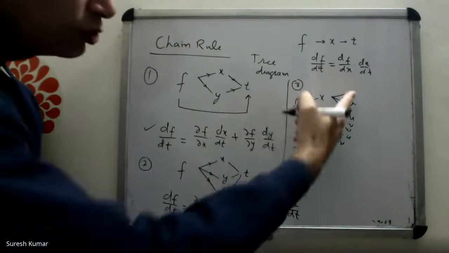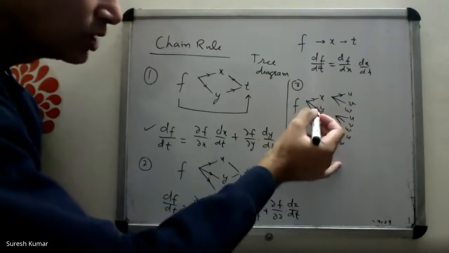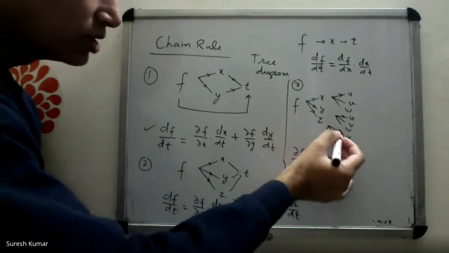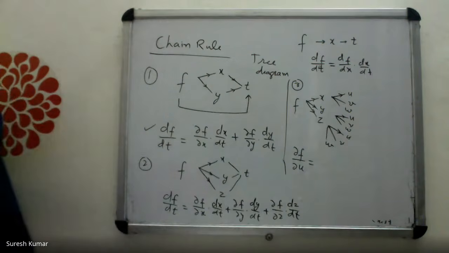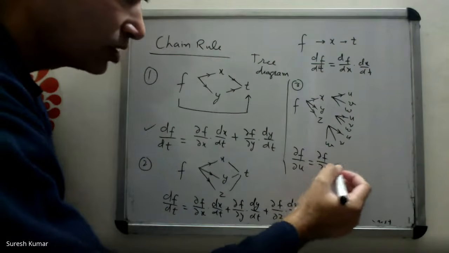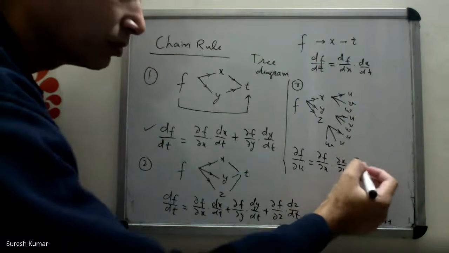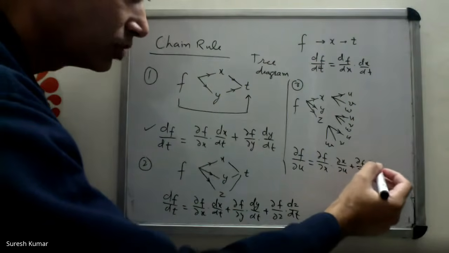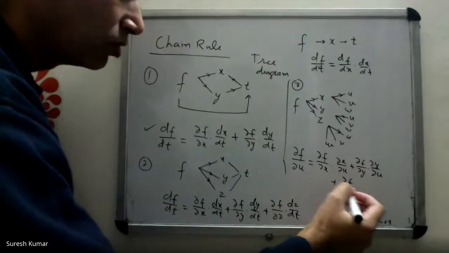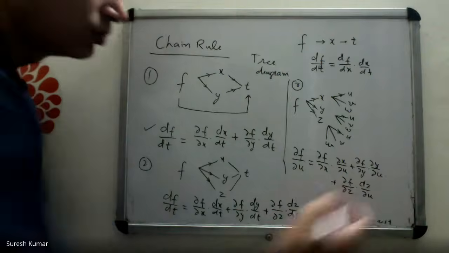But from f to u, there are three paths: f to x, x to u, then f to y, y to u, and then f to z, z to u. You have to explore all these paths. So partial f over partial x into partial x over partial u, plus partial f over partial y into partial y over partial u, plus partial f over partial z into partial z over partial u.